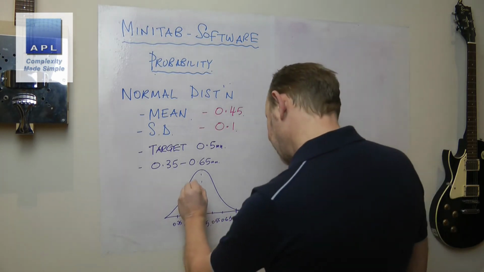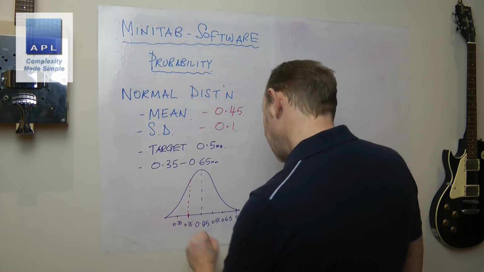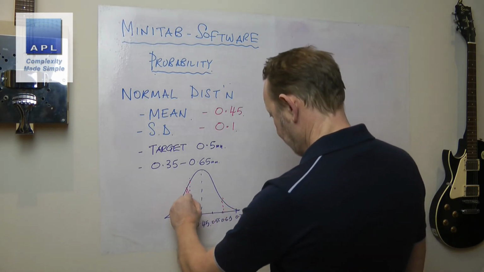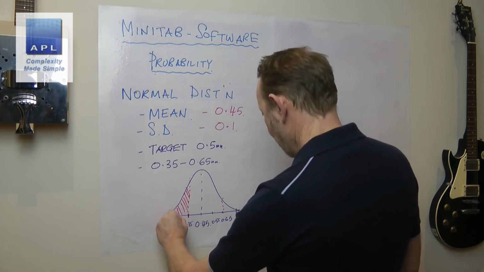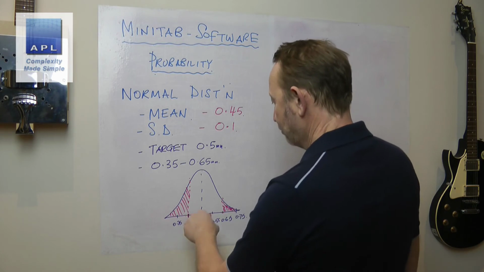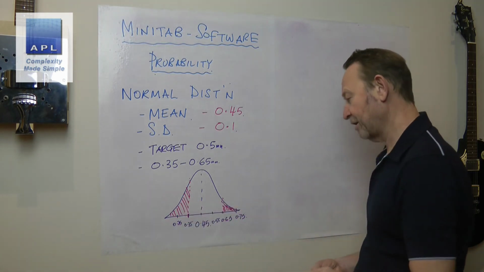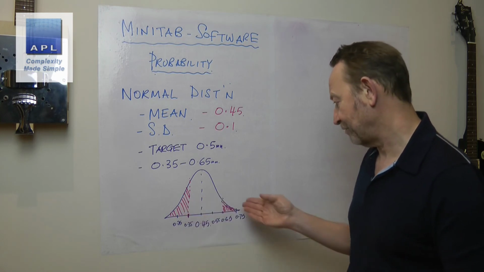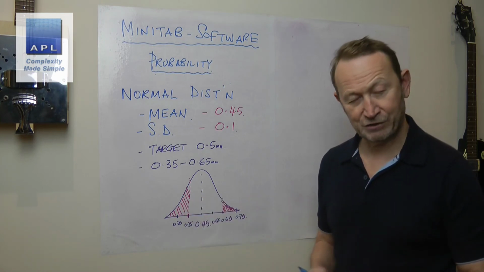Let's drop the tolerances on here. 0.35 is one of them, 0.65 is the other. So what we want to know is how much data falls in the left hand tail, how much data falls in the right hand tail, because that'll be the defect rate down there, and the defect rate up there.